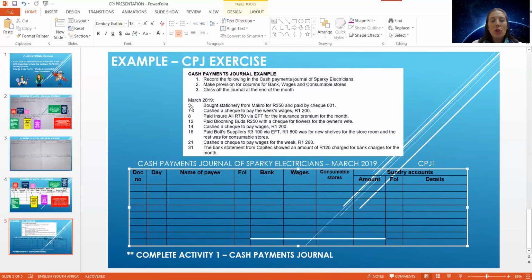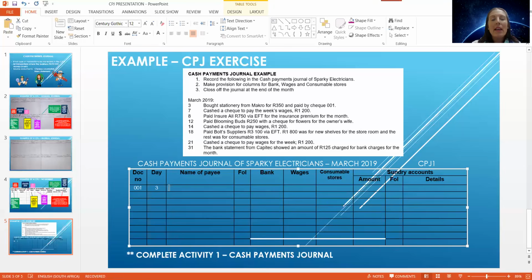Okay, so now let's start with the transactions. March the 3rd, so the date is the 3rd. Bought stationery from Macro for 350 Rand and paid by check 001. Apologies, that column is for the document. So in the document number column, they told us it's check 001. The day is the 3rd.